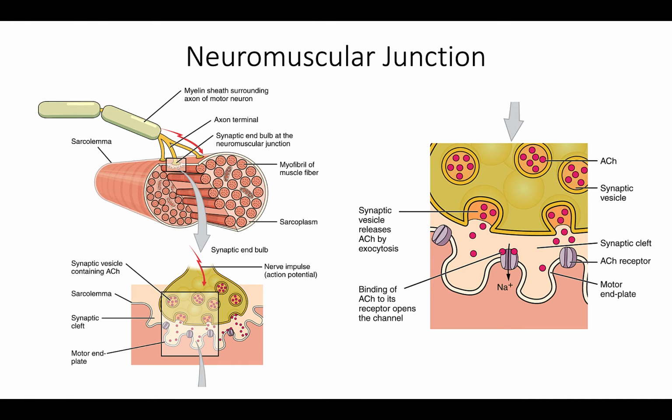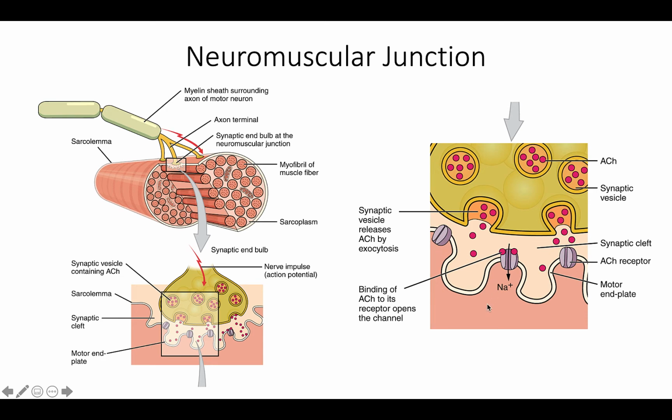So it's changing the electrical gradient of this muscle fiber by exporting acetylcholine into the neuromuscular junction. It attaches to the receptors and allows sodium to go through, which changes the charge inside the membrane here. So what we're looking at is called a neuromuscular junction.